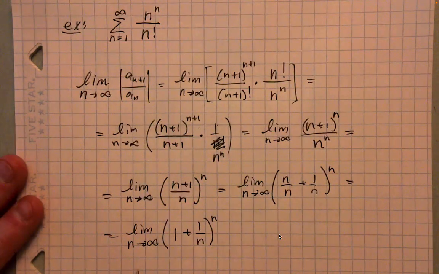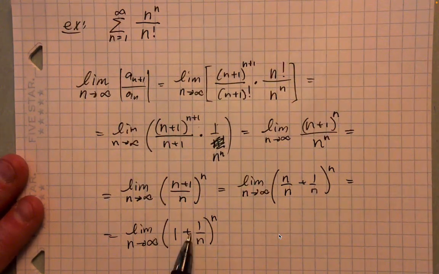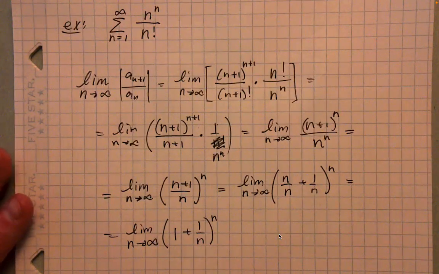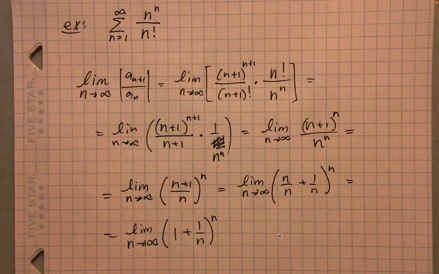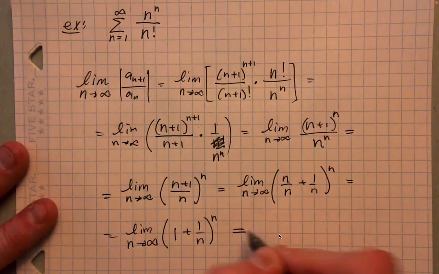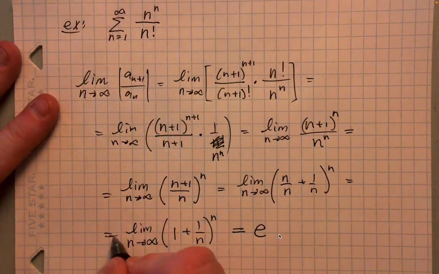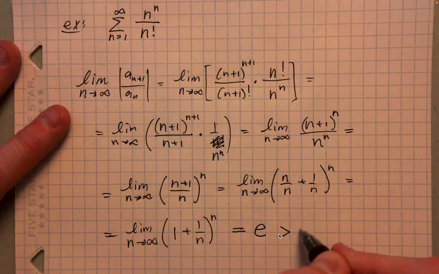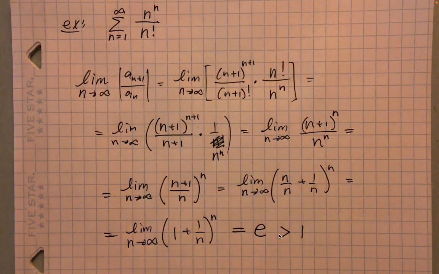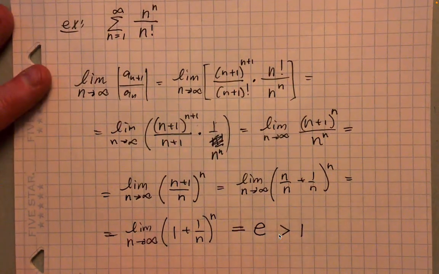Well, this is one that we've seen, and you may have to go back. I don't recall which lecture it was, which section, but this is one that we saw. And what we saw was that this was equal to e. So this is the constant e. Okay, and now that e is 2.7 something or other, it's greater than 1. And there it is. The series will diverge.